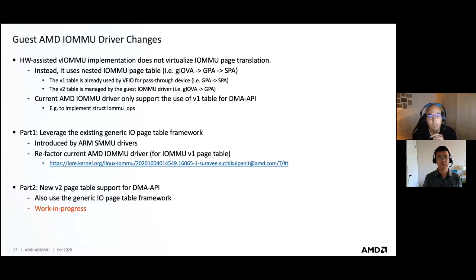The last part is the change for the guest IOMMU driver. As Wei mentioned, we are now making use of the nested IO page table, which requires the guest to use the V2 table to do the guest IOVA to GPA translation, because the first table, the V1 table, is already being used by VFIO to do GPA to SPA.